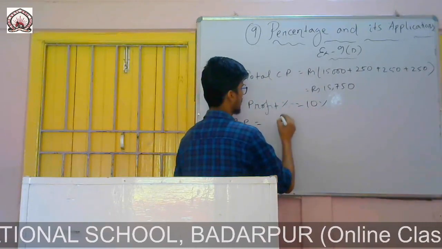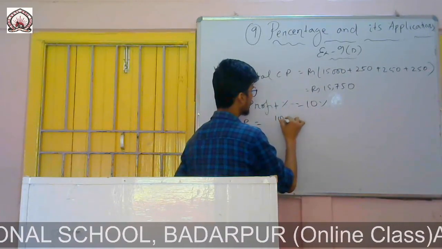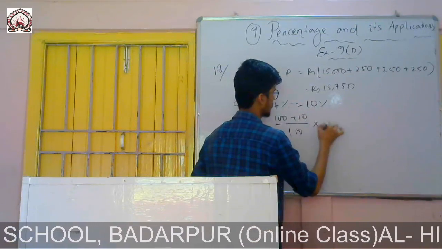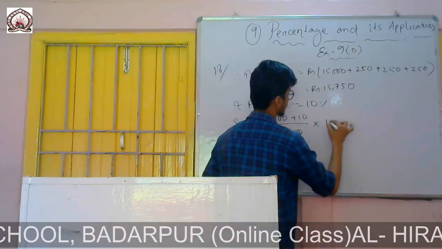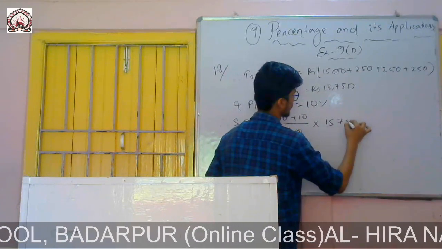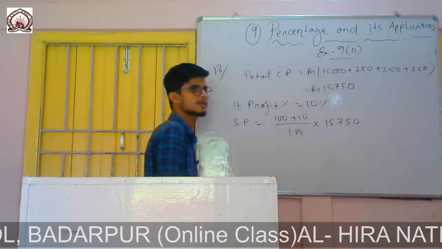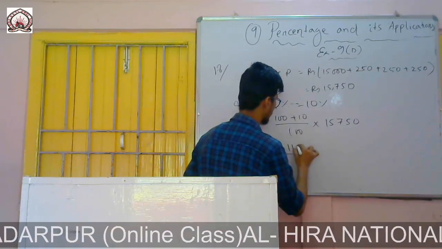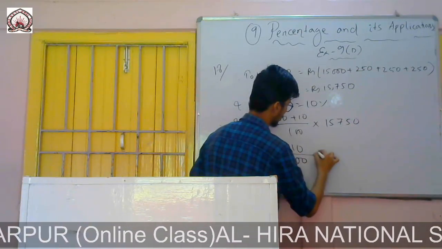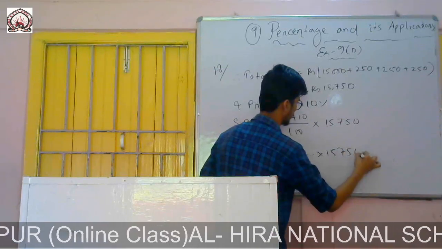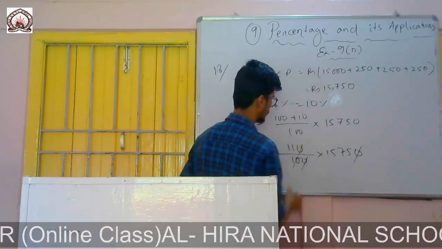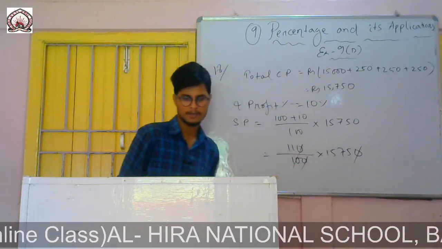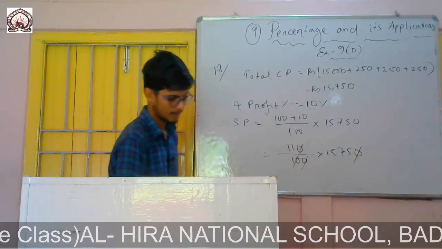SP is 100 plus profit percent, divided by 100, into cost price. It is 15,750. So if I simply solve this, it will be 110 by 100 into 15,750. Cancel 10 from both, so they are left with 11 and 1575.